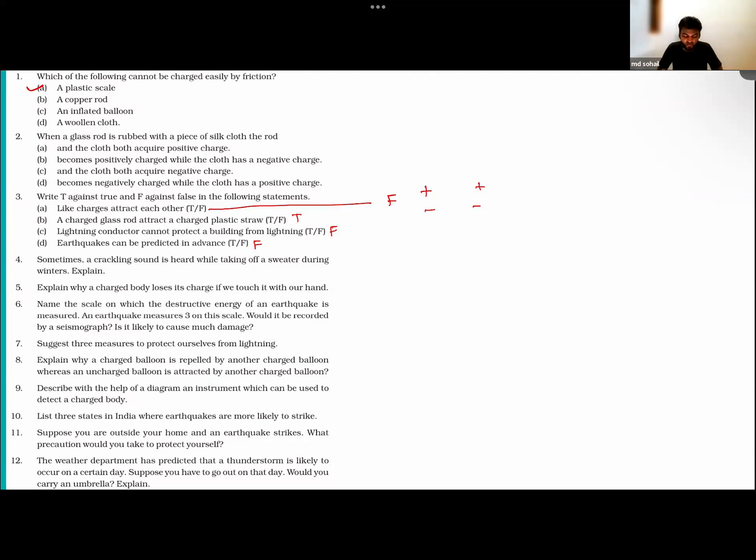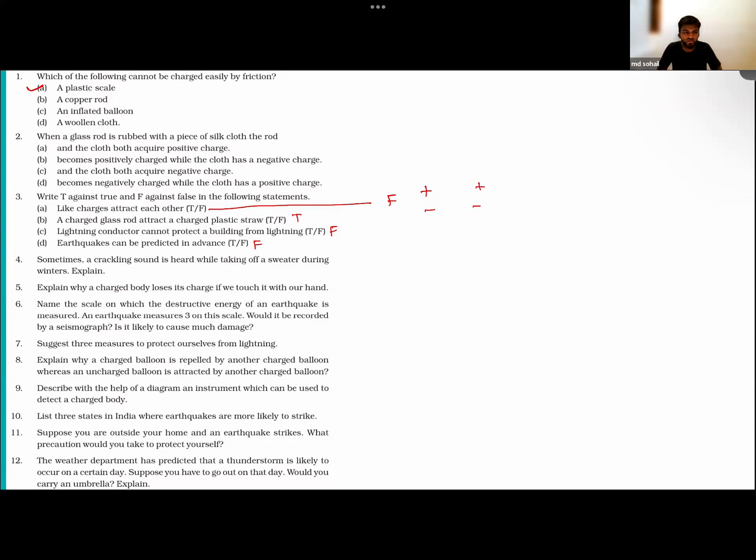Explain why a charged body loses its charge if we touch it with our hand. If we are standing barefoot, then the charge of the earth will neutralize the charge. Very good, Arhan. The negative charges or positive charges from the earth will transfer to that body and it will be neutralized.